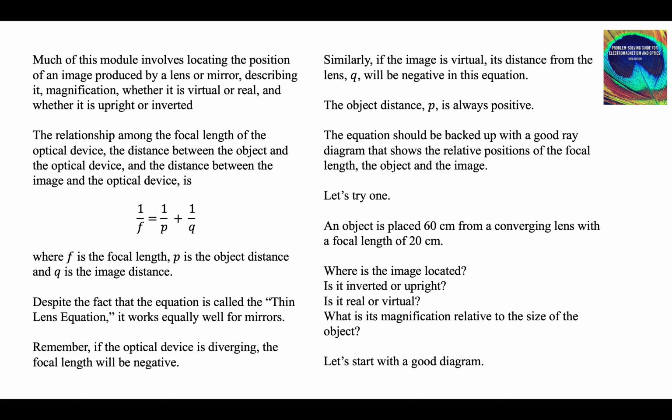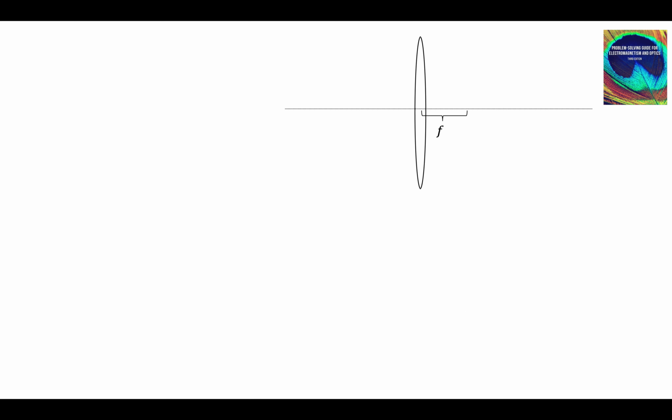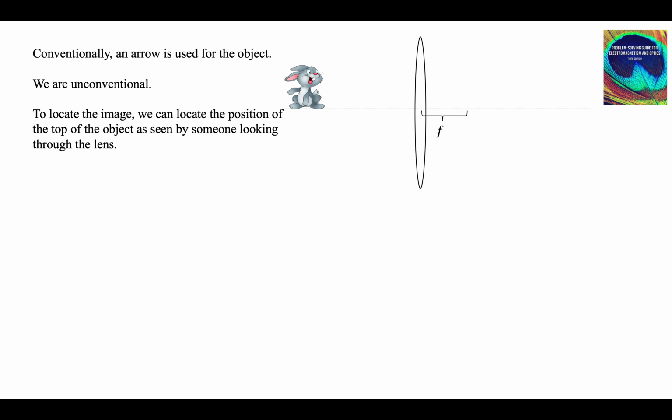So let's start with a good diagram. Here's our converging lens. There's the focal length, about 20 centimeters given. The object is 60 centimeters away from the lens. We need an object. Conventionally, an arrow is used, but we don't like to follow convention. So there's our object.